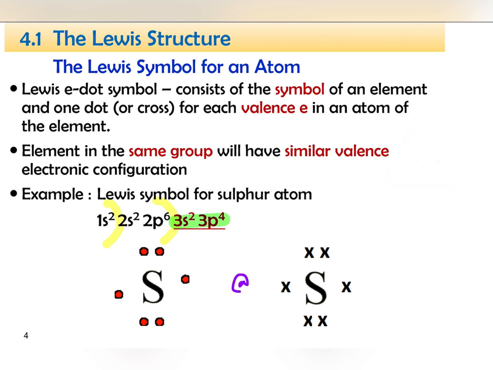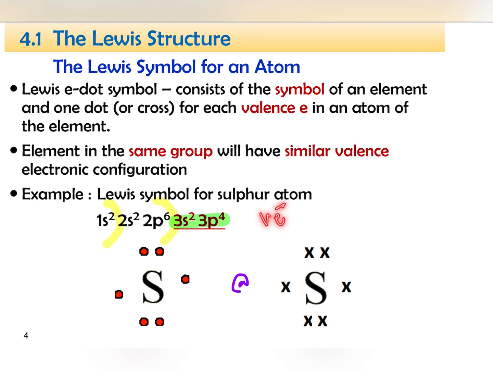Okay, so contoh dekat sini kita ada sulfur atom. So for the sulfur atom, when you write the electronic configuration, it will be 1s2, 2s2, 2p6, 3s2, 3p4. So when you have the electronic configuration, tentukan valence electron yang mana.